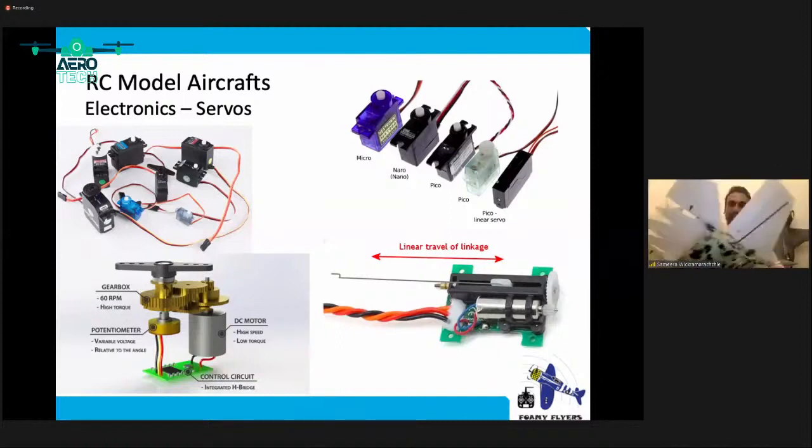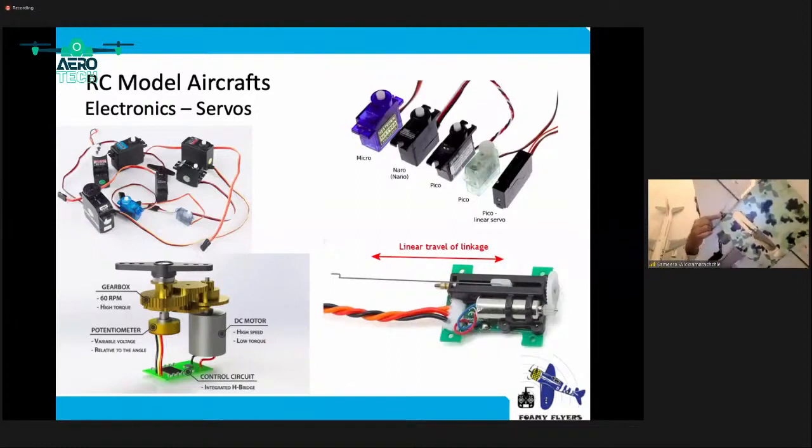You can see only 4 surfaces, which are connected to only 2 servos, so one servo runs 2 surfaces. If you were to use a normal servo, it would tend to break because of the power required to move those surfaces.